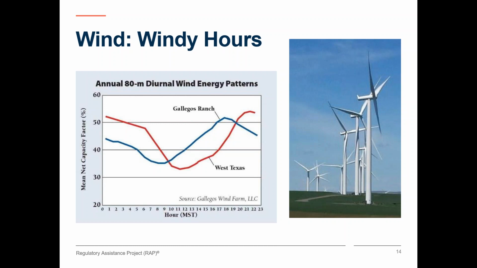The Gallegos Ranch, which is in New Mexico, provides more energy in high load hours in the late afternoon and early evening, while this particular West Texas resource on the graph provides much more energy in the overnight hours when it's less useful. So each cost of service study must reflect the nature of the relevant wind resources, those that are in the revenue requirement, to properly assign costs.